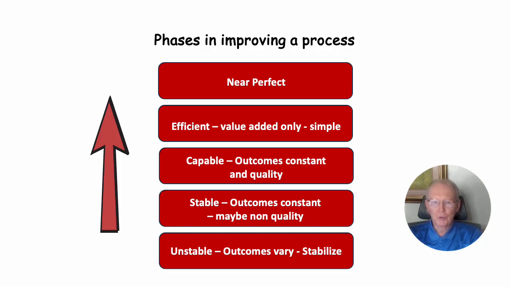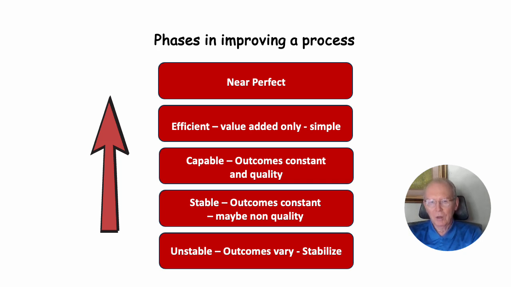I just talk you through this because this gives you another view of how do you go about improving a process. We spoke about if it's unstable, the outcomes are varying. You need to stabilize it first. And when it's stable, the outcome is constant now, but maybe non-quality.